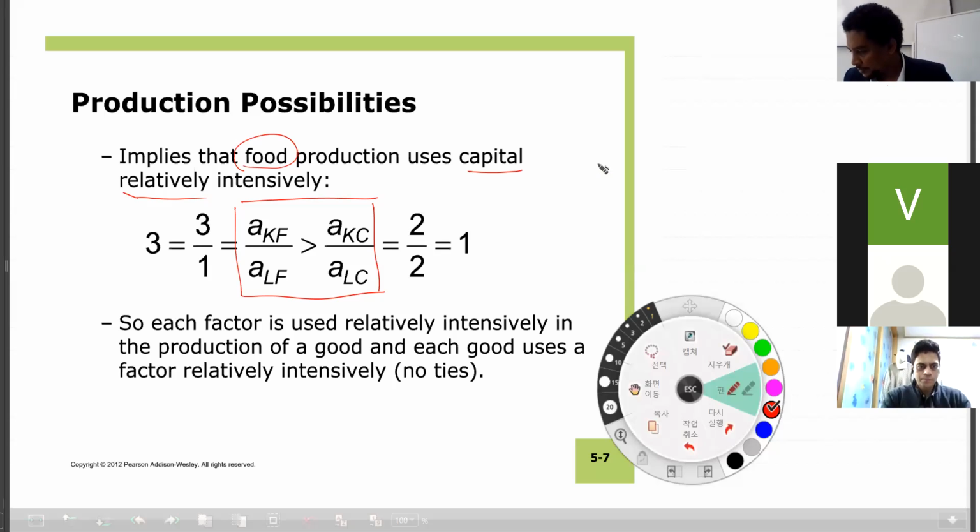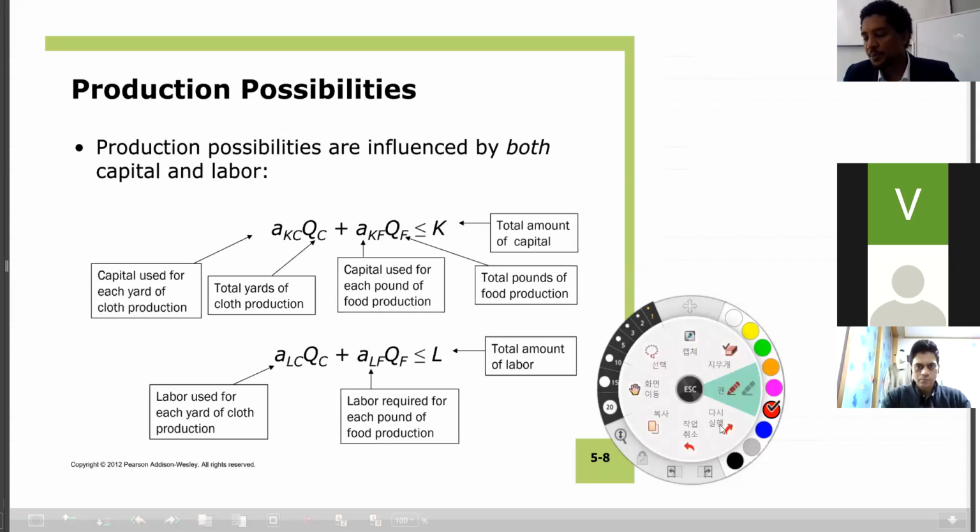And see this production possibility frontier. We have capital used in clothes here, because as we've said, K is capital, right? So you can say this is capital used in clothes, and on the right side, it is capital used in food, right?